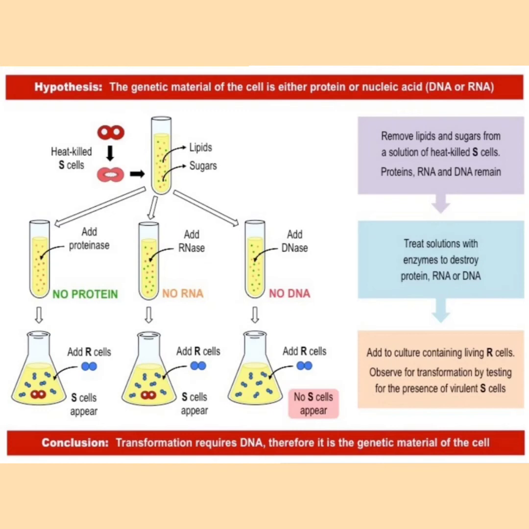These solutions are treated with various enzymes to remove the protein, RNA or DNA and added to a culture containing living R cells. They are observed for transformation by testing for the presence of virulent S cells. According to the conclusion of this experiment, transformation requires DNA. Therefore, it is the genetic material of the cell.